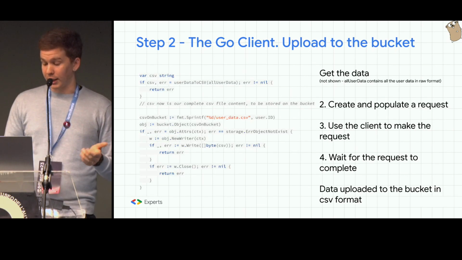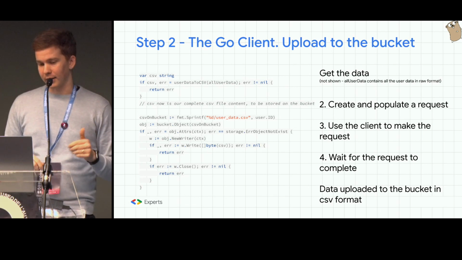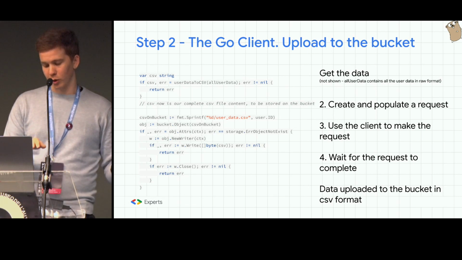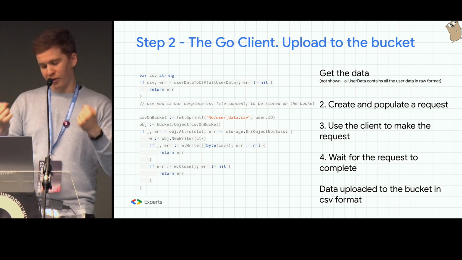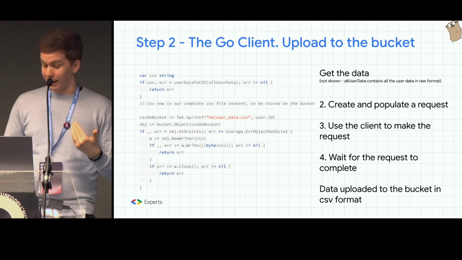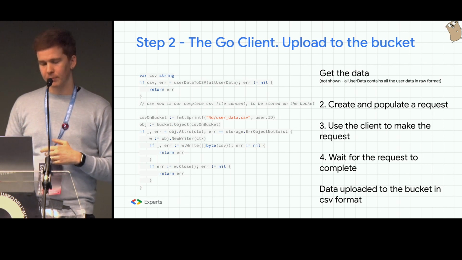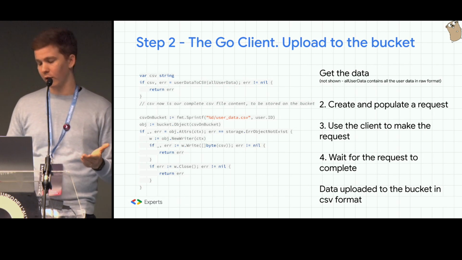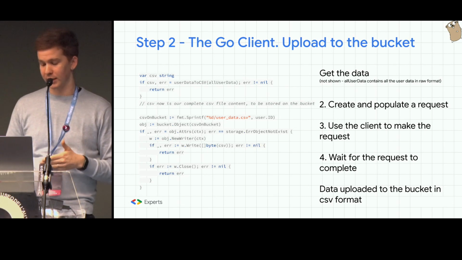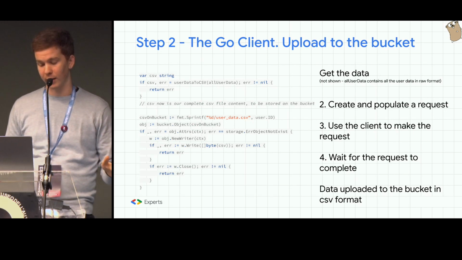Of course, for doing it, we are going to get the data. There is this all user data function that fetches the data from the feedback API that is not shown here. But the thing is, you fetch the data from somewhere, and then you have to upload it. Then you have to use this bucket object in order to upload it to the cloud. Of course, there is always the same pattern. Then we are populating the request, using the client, and waiting for the request to complete. And in this way, we have uploaded the data.